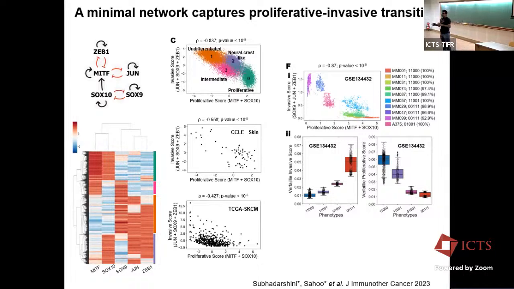So what we did is we looked at such gold standard invasive scores and proliferative scores, which are like 500 or 600 genes taken together, in this exact data set, and we notice that the phenotype we had predicted, where these 3 are high, so 1, 1, 1 and 0, 0, the first 2 being low, actually has the highest invasive score.